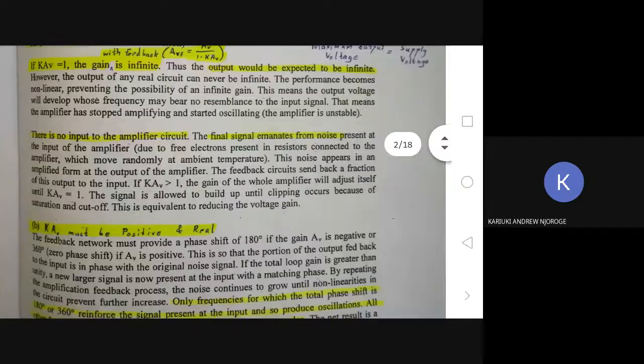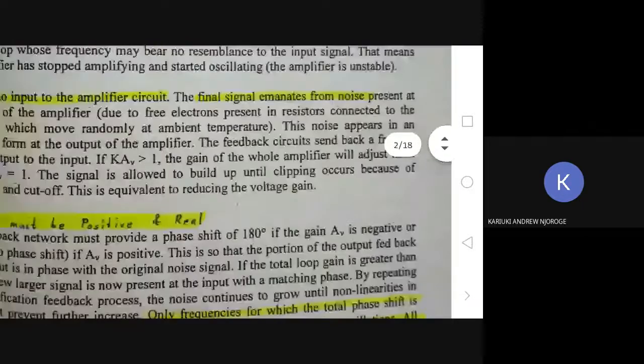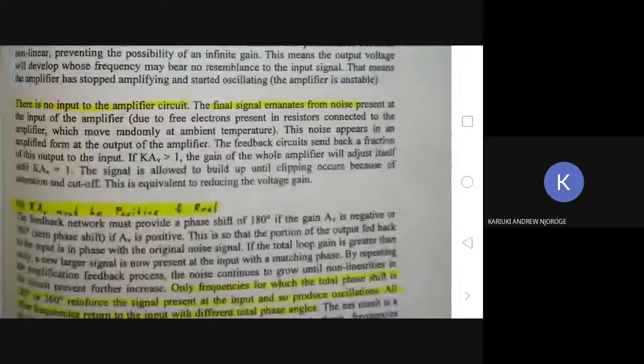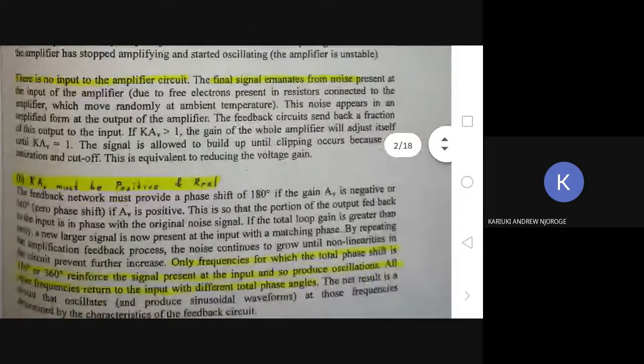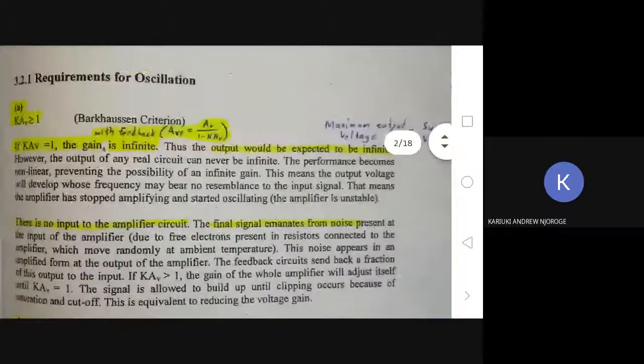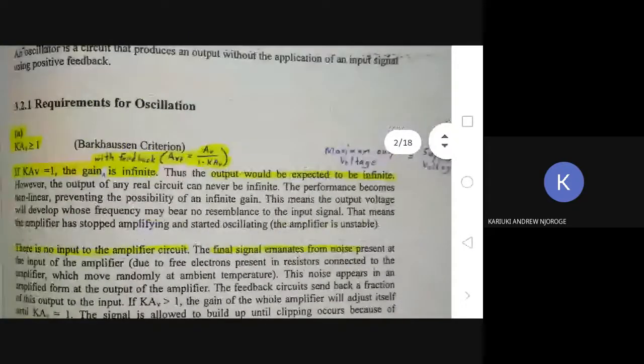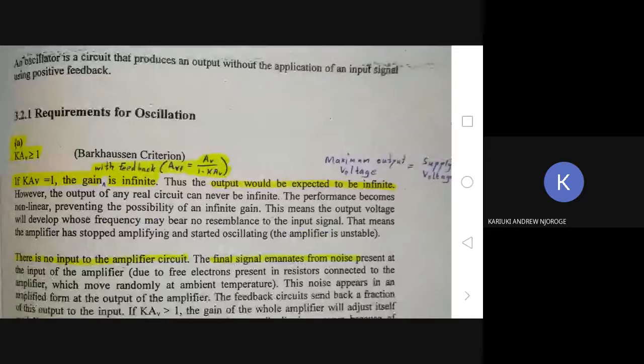Then why it's a sinusoidal curve at the output and not just any shape of curve. It says, up here, the output would be expected to be infinite if KAV equals 1.